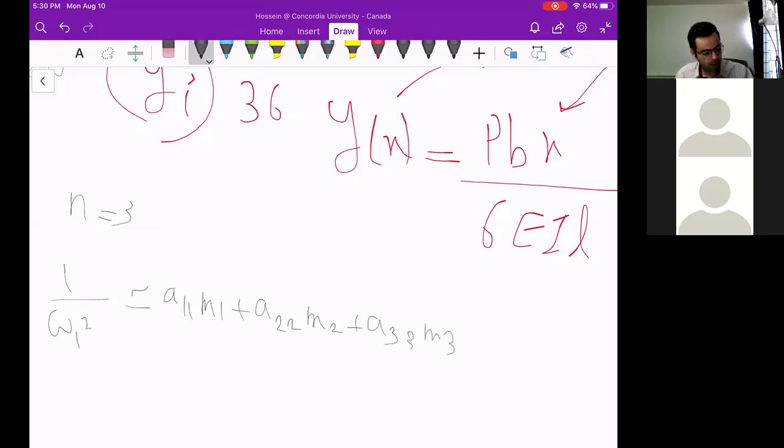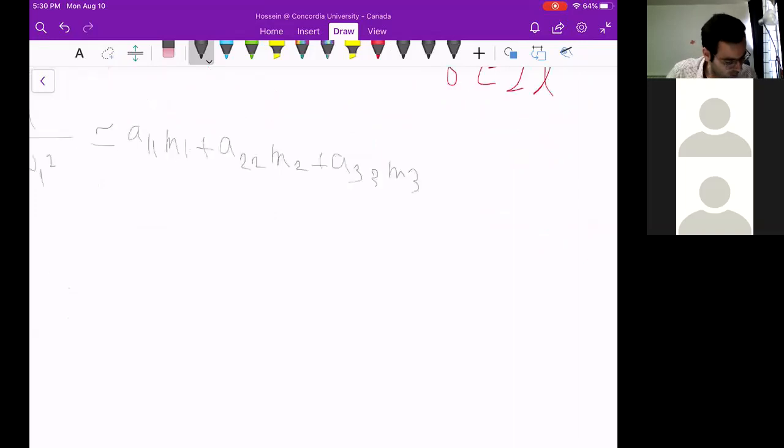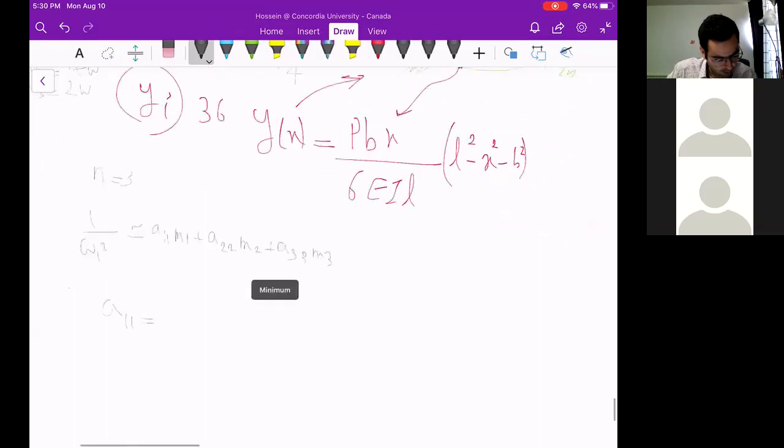So how can I find A11, A22, A33? A11 is the deflection at point 1 due to the unit force at point 1. So unit force P is 1.